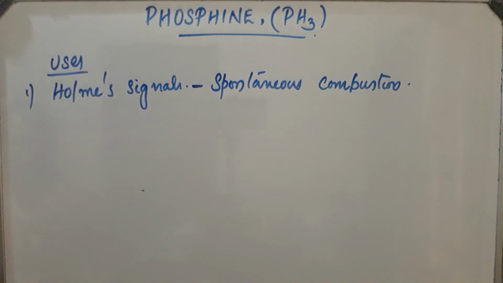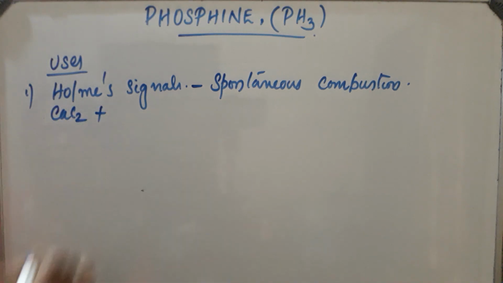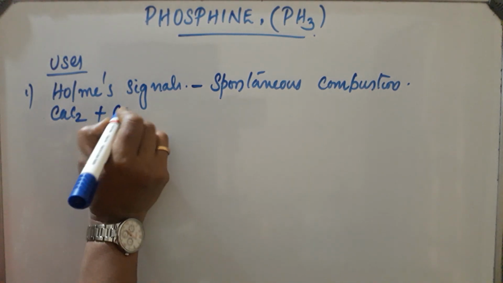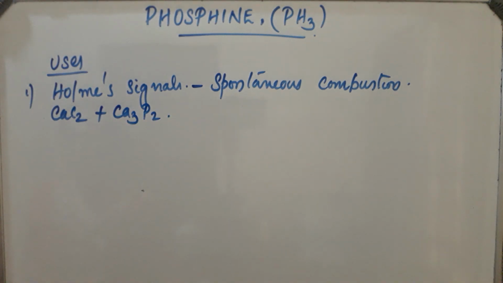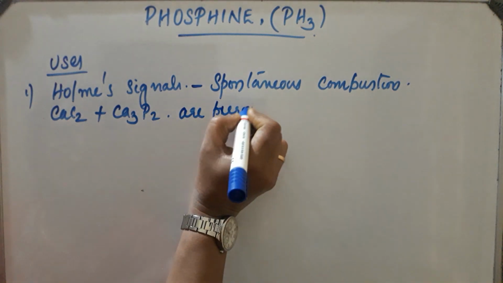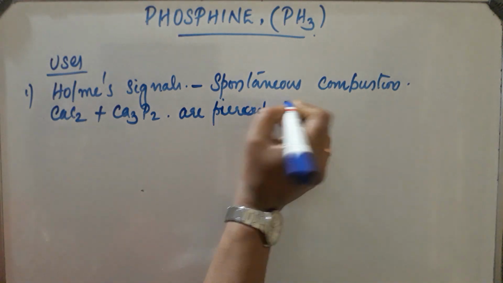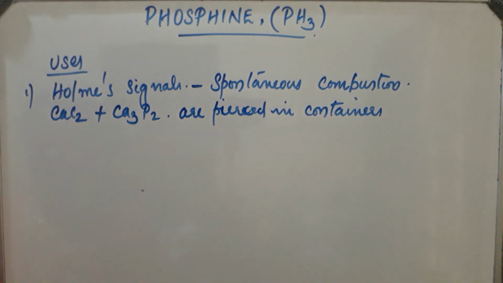Here, containers containing calcium carbide and Ca3P2, calcium phosphide, are pierced and thrown in the sea. What happens?